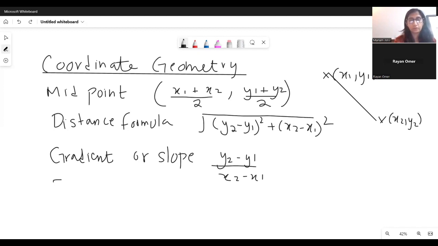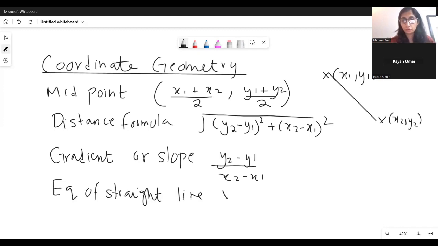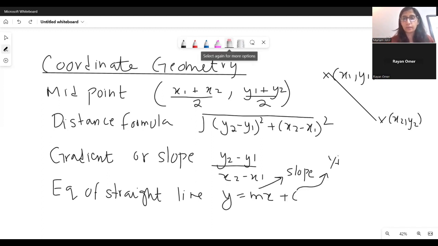Yes. You have two options. Either you use y equals mx plus c, where m is the slope and c is the y-intercept, where the graph cuts the y-axis. Or there's another formula as well, which does not use c. You remember that?